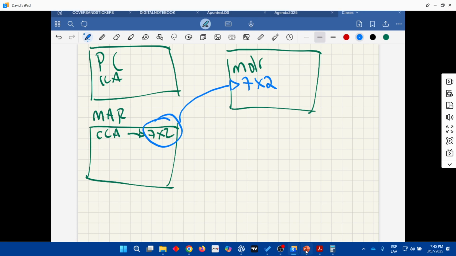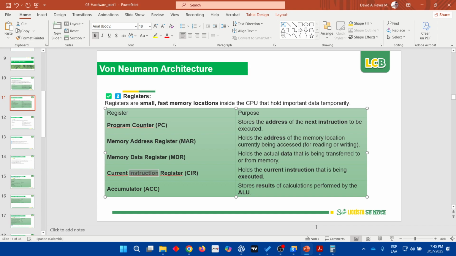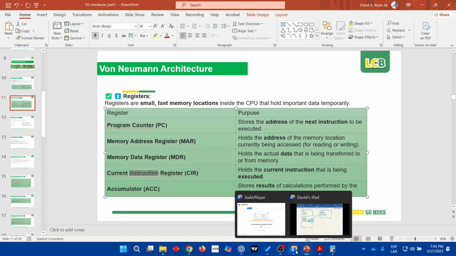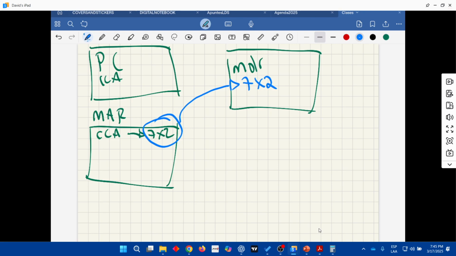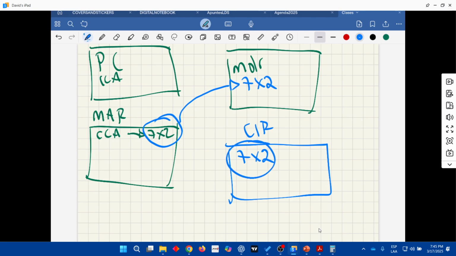Okay. And we have the CIR. So here we have the CIR. What is the instruction here? That you are going to multiply 7 times 2. So that means that this is the current instruction that is performed in this moment, that multiplication. So when you execute the multiplication, obviously the result here is 14.